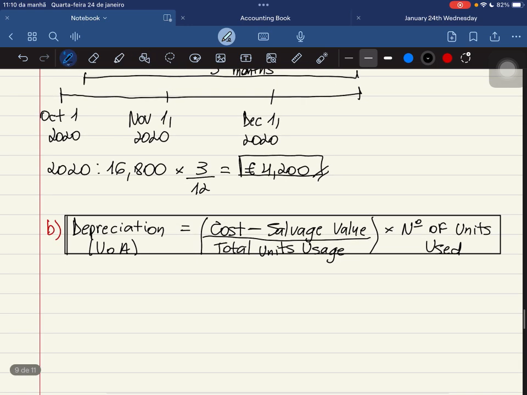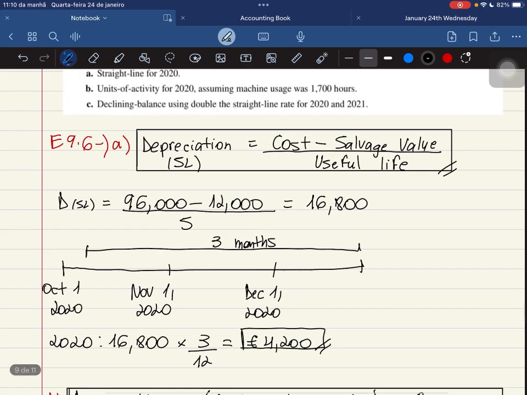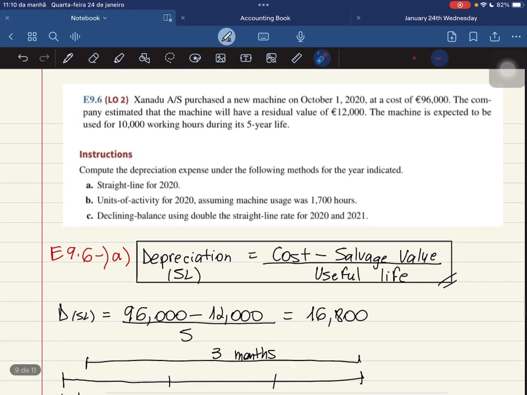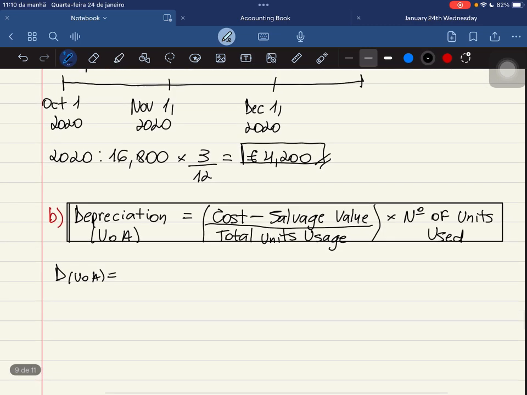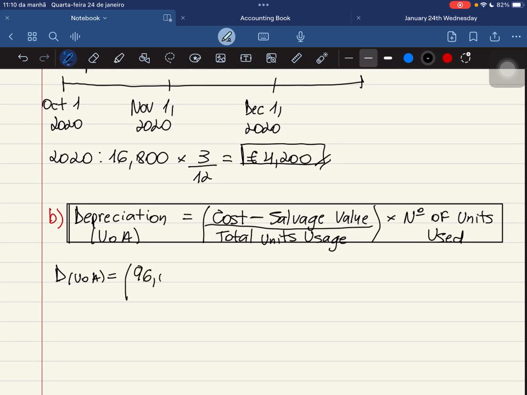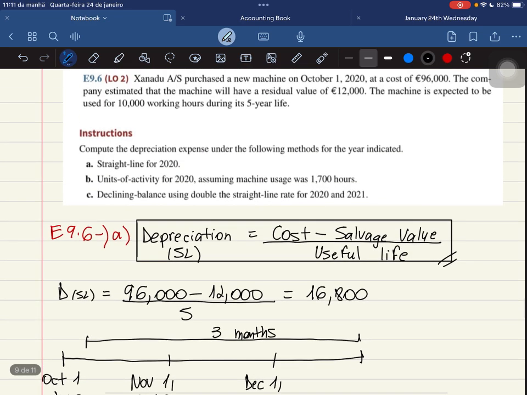Okay. So the depreciation under the units of activity method will be the cost minus the salvage value, that will be 96,000 minus 12,000, divided by 10,000 working hours, times the mileage that was actually used in the year 2020.